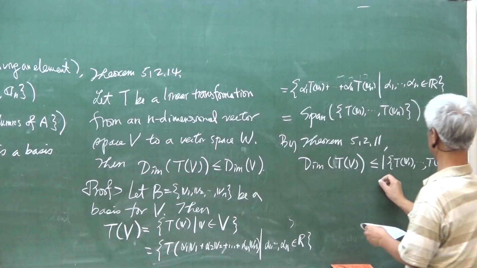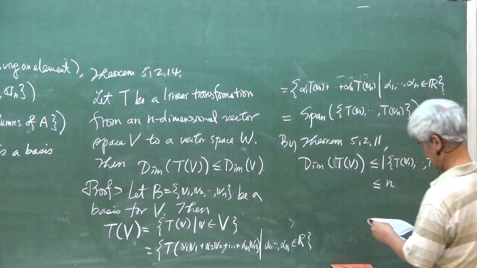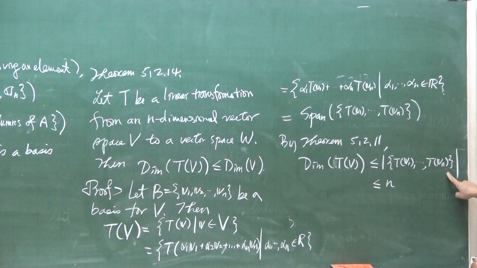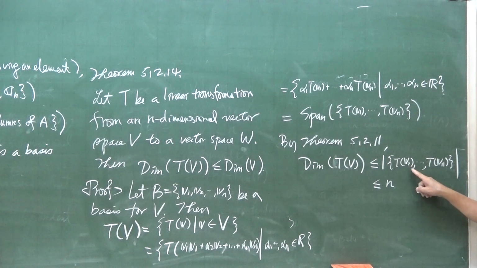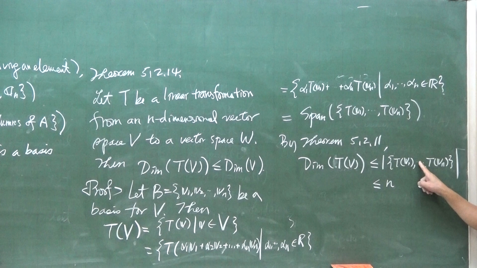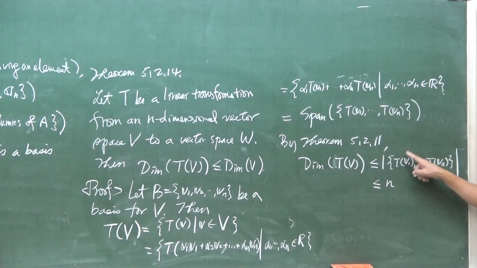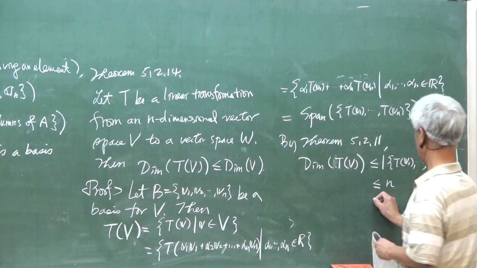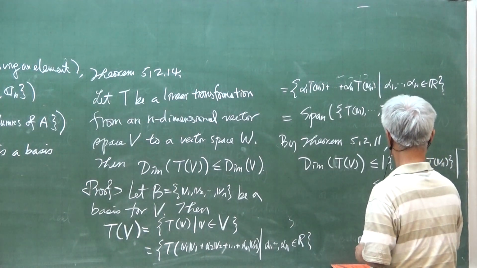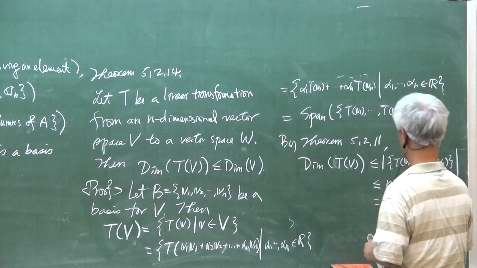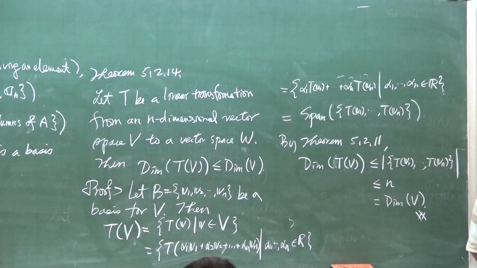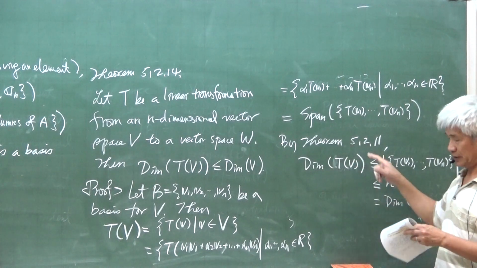But the size of the set is less than or equal to n. Why? Because it's possible that T(v1) equals T(v2), so you may have a repetition. So the size of this set may be less than or equal to n, and n is the dimension of V. So we get the proof. It's a direct application of theorem 5.2.11.